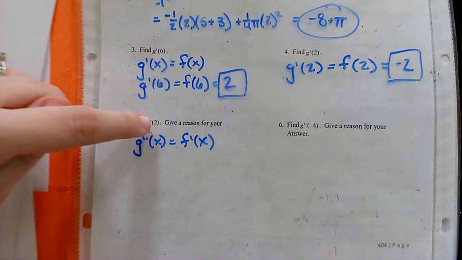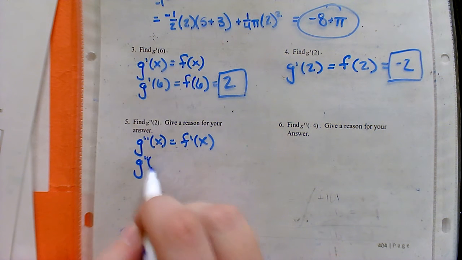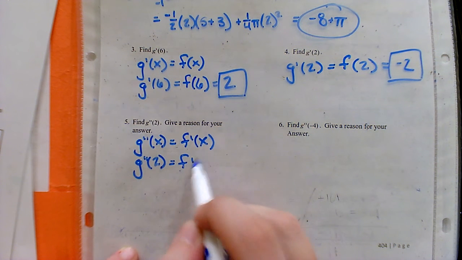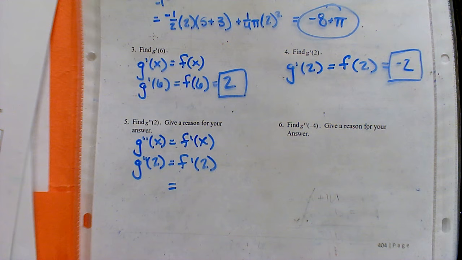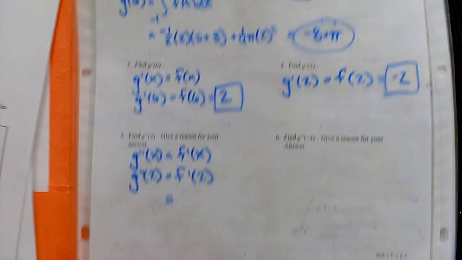Okay, so if we plug in 2 for that x, we have to plug in 2 for this x. What about f prime of 2? The slope of the f graph at the point of 2. Can we find it?